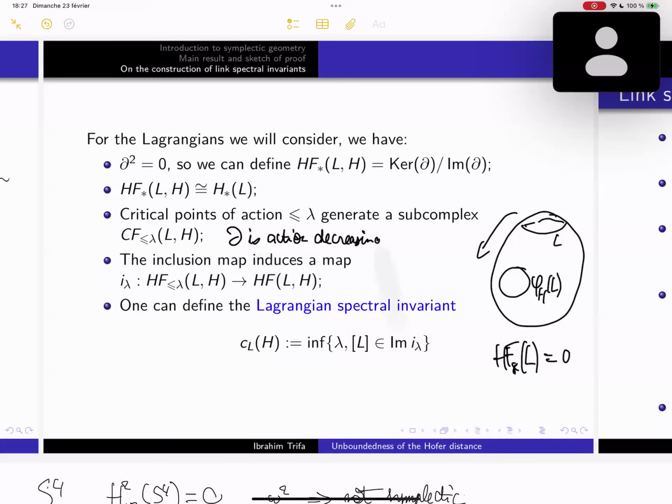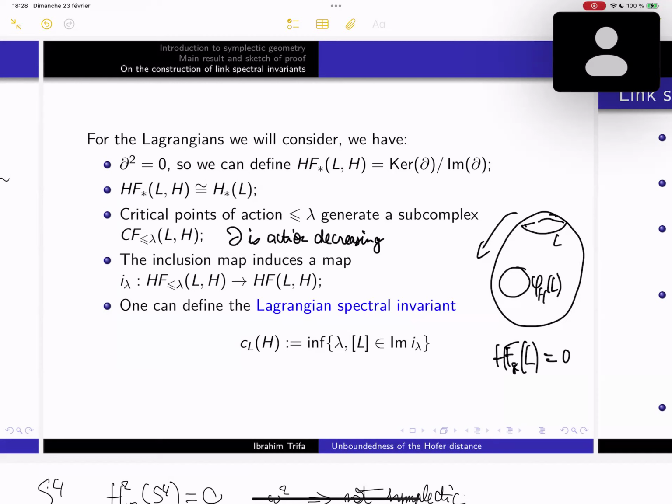Well, this is because the way we defined it, D was counting flow lines of the negative gradient of the action. And so when you end up at a point y prime from a point y, you've been following the negative gradient, so the action has to be lower at the end point than it was at the starting point. So therefore, the differential preserves the filtration.